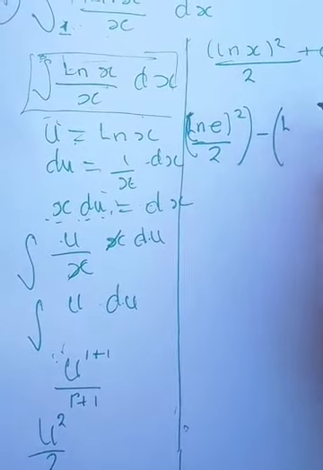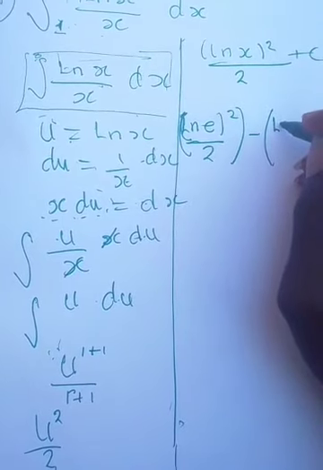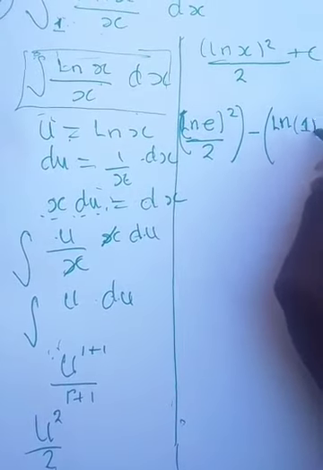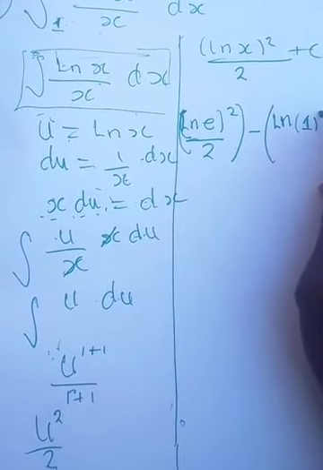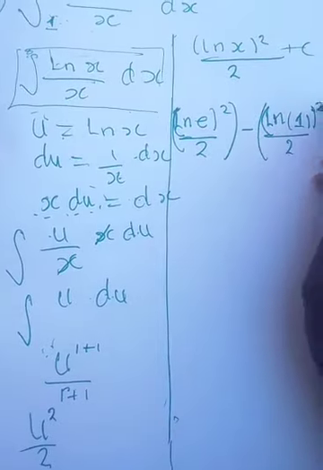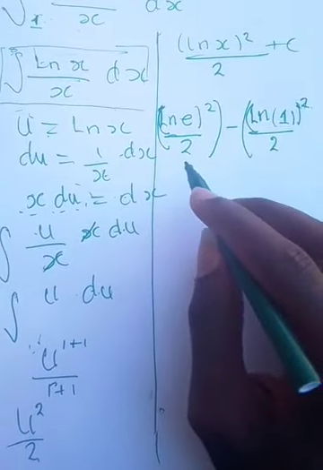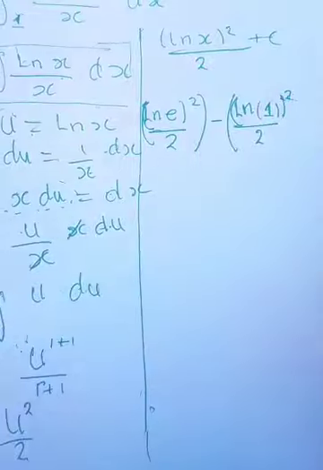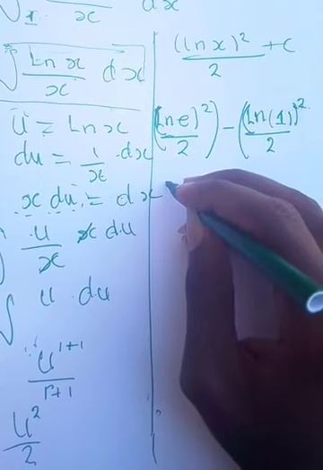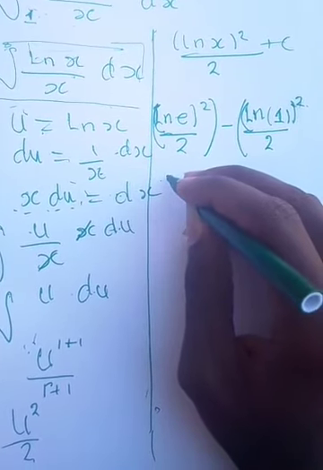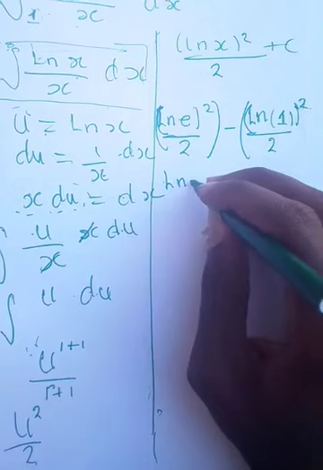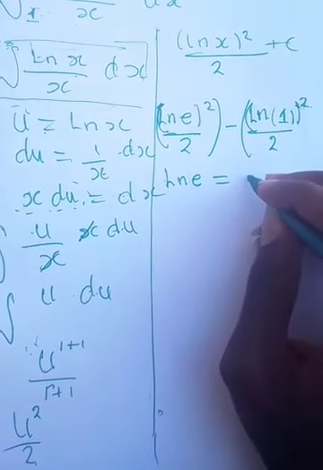For the second one, we substitute x with 1, which is the lower limit, so natural log 1, power 2 over 2. Before I even simplify, if you remember what I taught on natural logarithms in my video lessons, I gave you some identities or tips: whenever you have natural log e, it is the same as having 1.